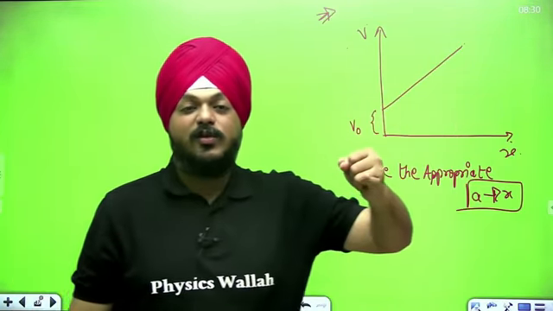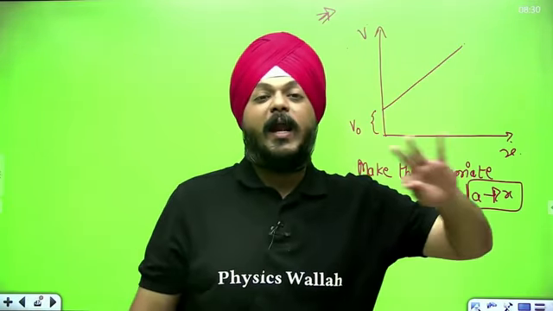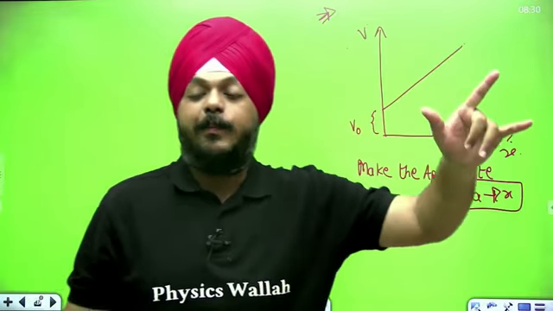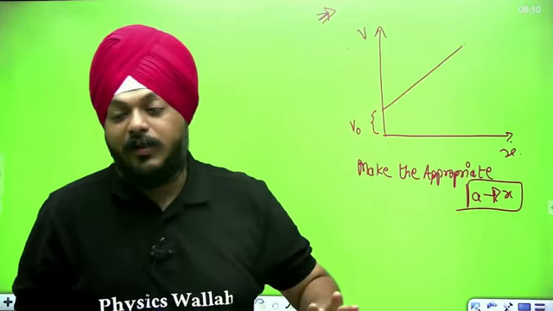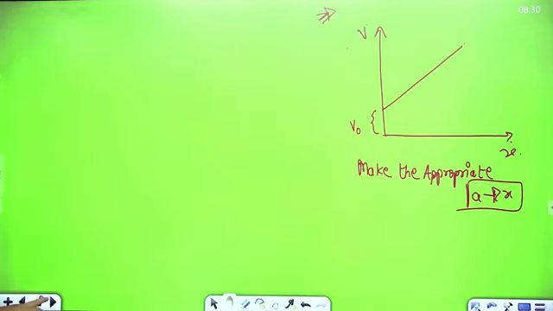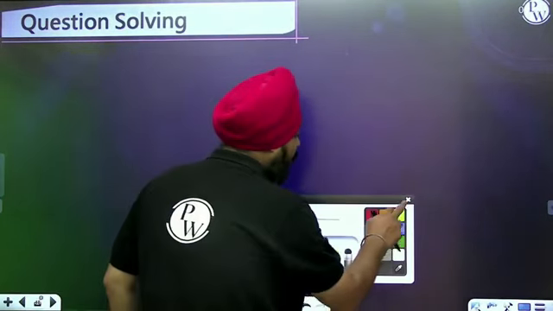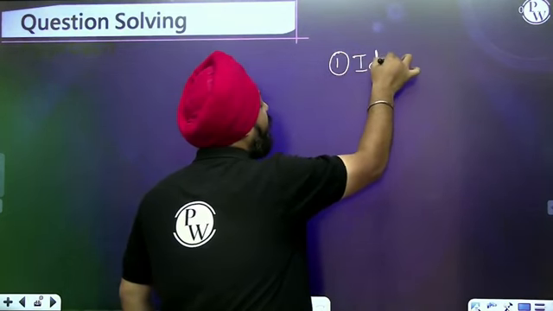What is the equation of the circle? What is the equation of an ellipse? What is the equation of a parabola, hyperbola? The equation of the straight line you are all aware of. So the first step is identify the nature of the graph. I am writing the question solving approach here. First step, identify the nature of the graph.